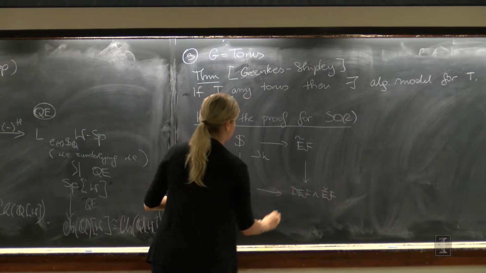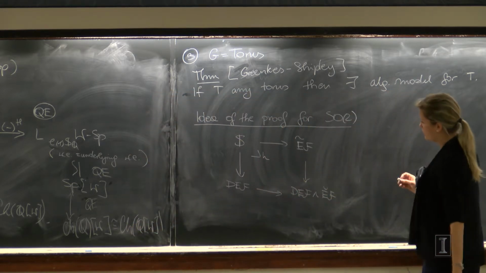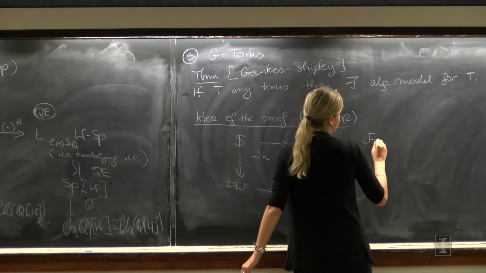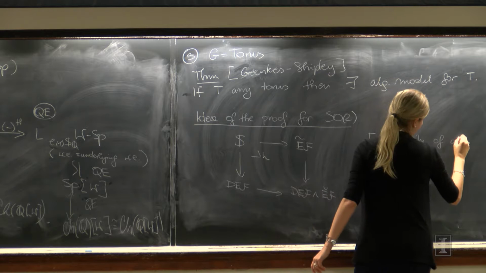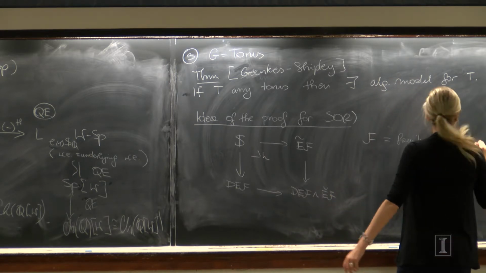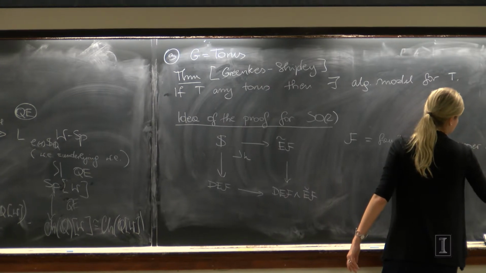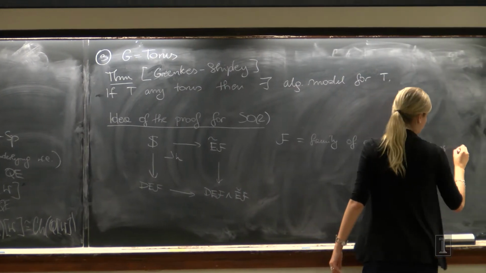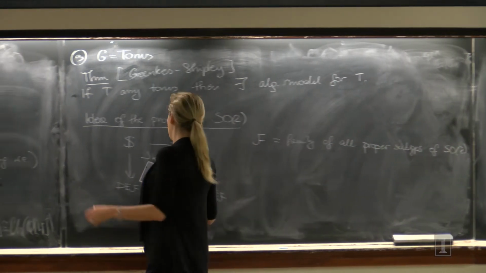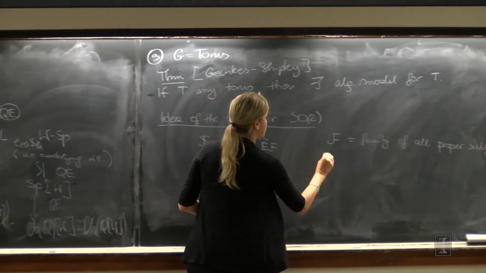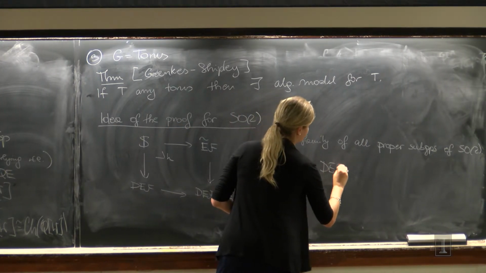It's analogous to the arithmetic square for integers, but what are the gadgets in here? I take a family F of all proper subgroups, so all finite subgroups of SO2. I can construct EF out of it, and then DEF is just its dual.